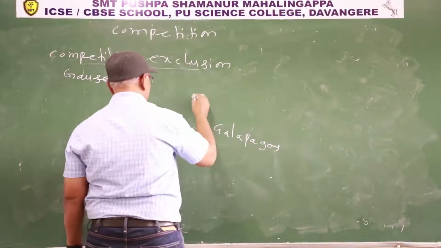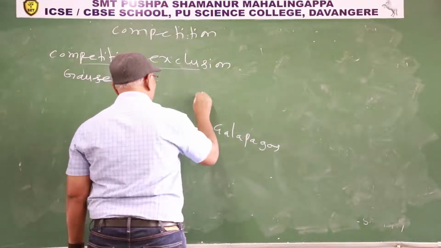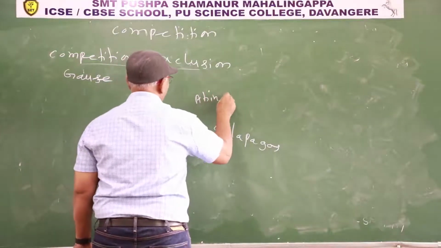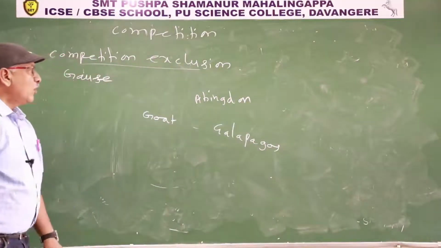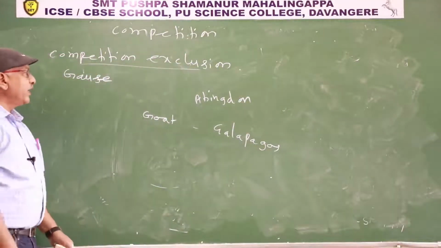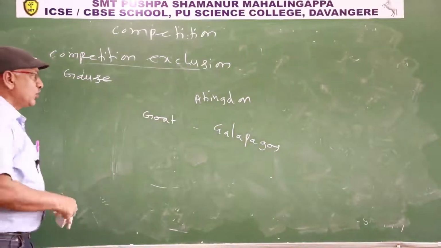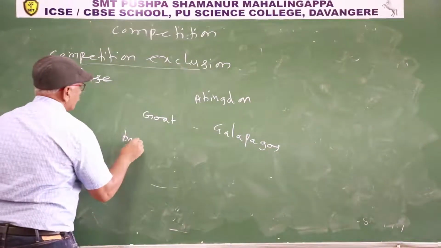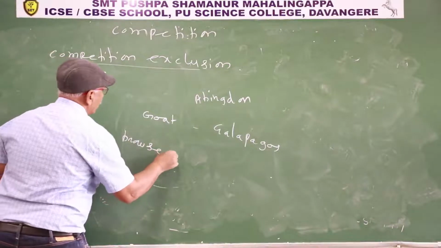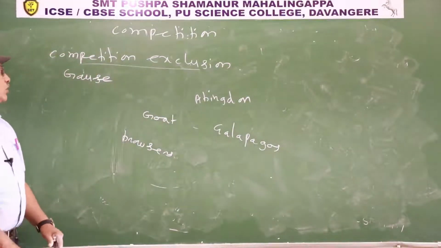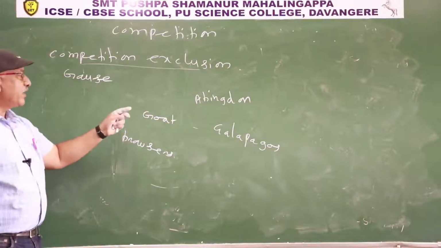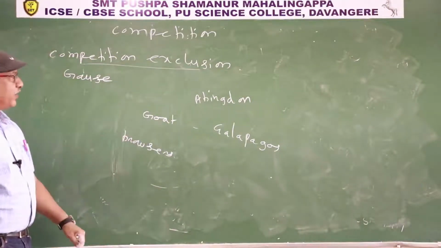At the time, Abingdon tortoises were living in the Galapagos Islands. Both are browsers. What is a browser? They feed on tender leaves.